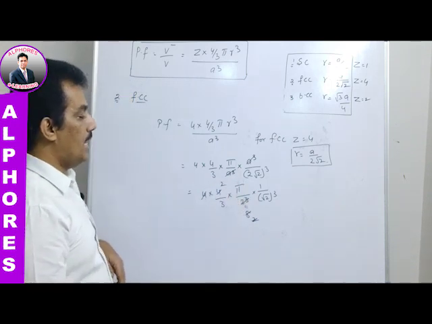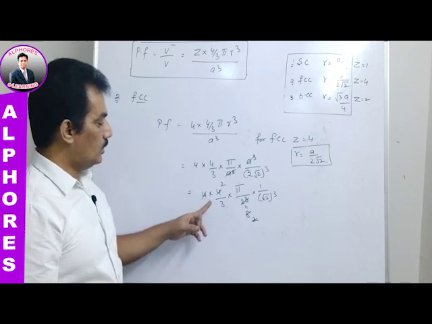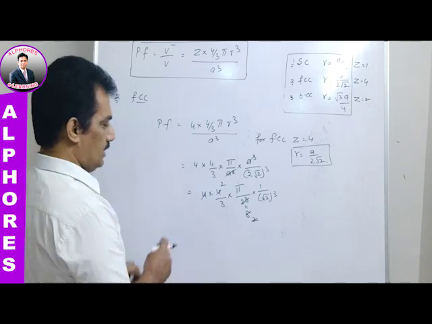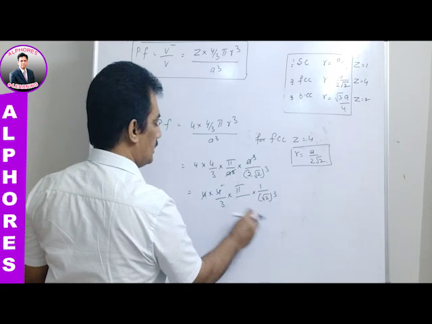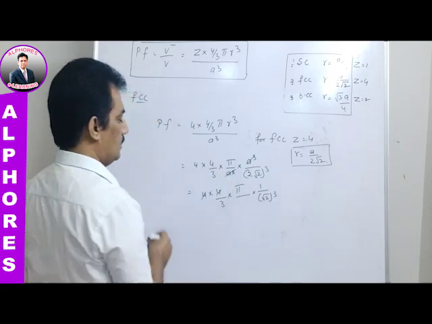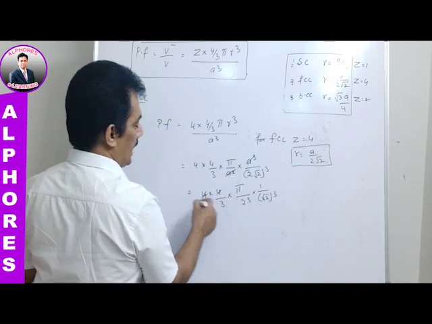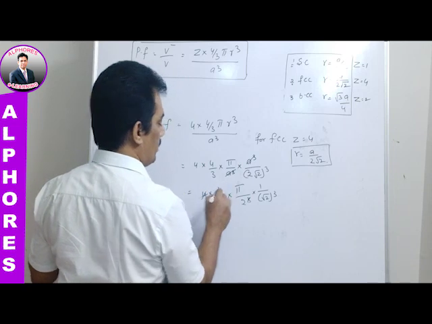Clear? And now instead of this, it is better to go like this. Let me write this as 2³, and now let us cancel this.